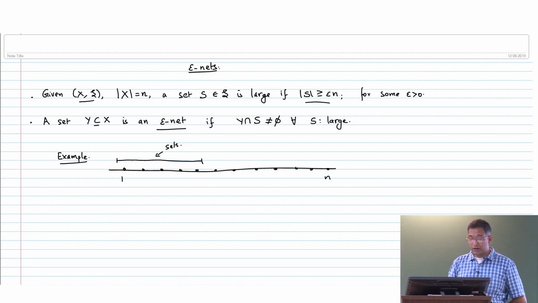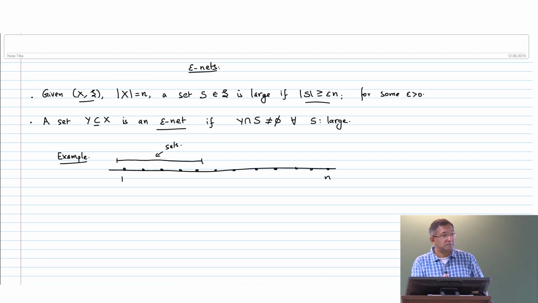And I want to construct an epsilon net. I want to pick a small subset of points so that if I look at any interval containing at least epsilon n points, then one of the points is chosen.